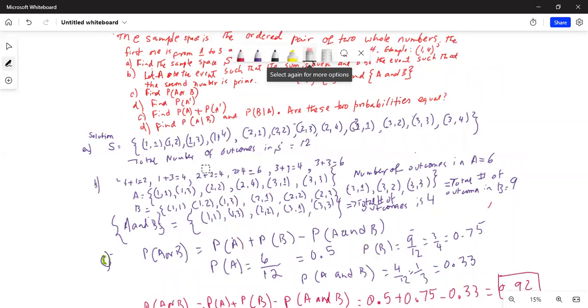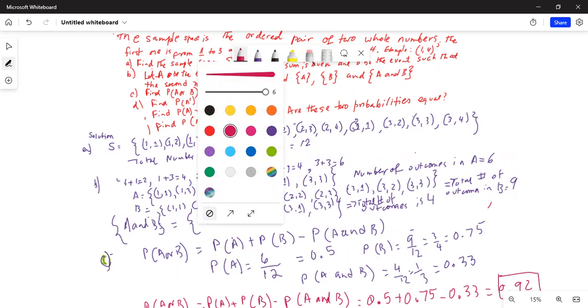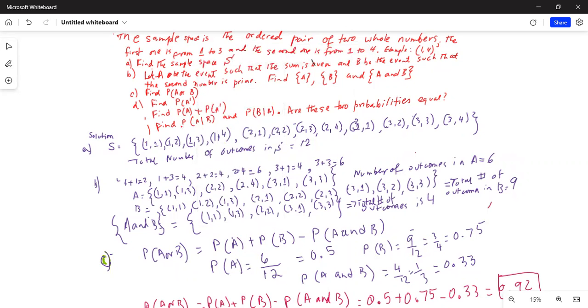This will be part E. This will be part F. That's the only change I'll make. Okay. So part E, which we did, is find probability of A plus A prime, which would be 1. And the last part is part F, find probability of A given B and then probability of B given A. Are these two probabilities equal? Answer is no. Okay, as we saw.